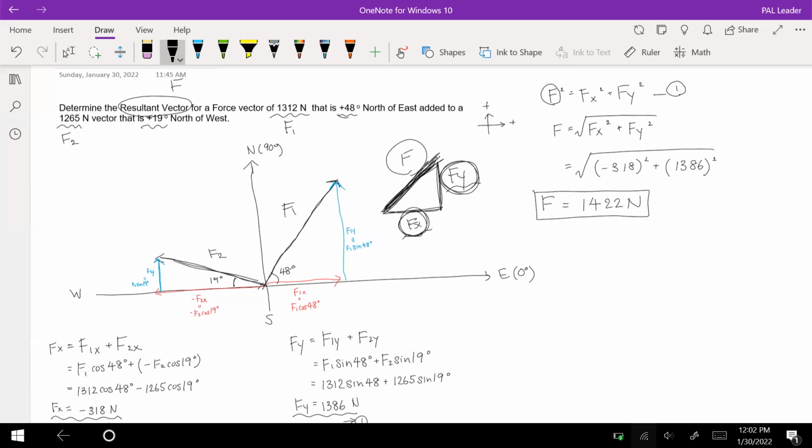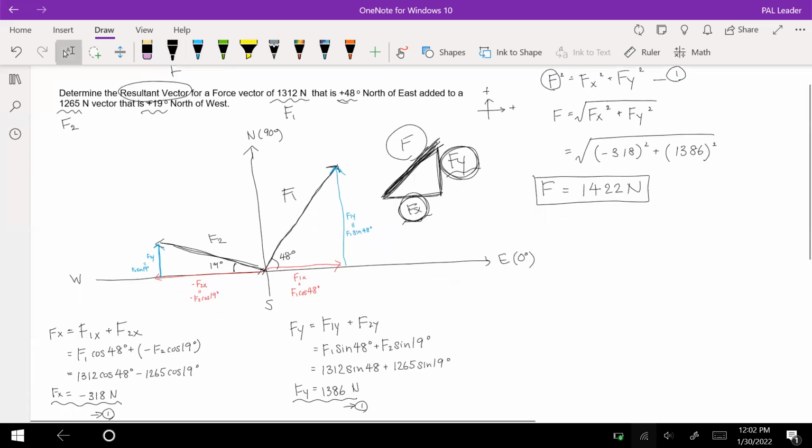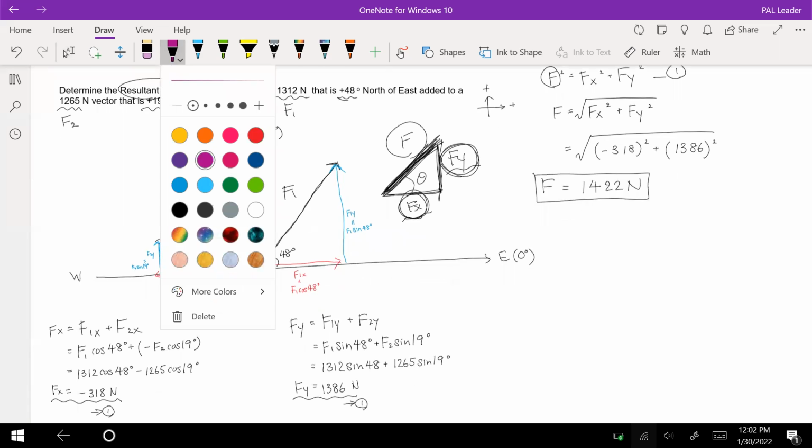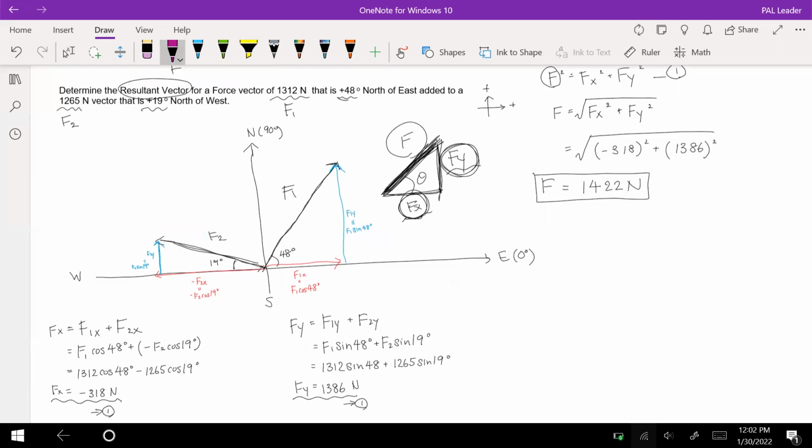And do we need to find the angle? I'll just quickly do it. I don't know if it's even required. So we have our triangle, we have F, Fy, Fx. We want to find the angle of this. We want to be careful because remember, Fx we got a negative value. So if we were to draw our final resultant vector in our picture here, with x, y's, we're going in a negative section.